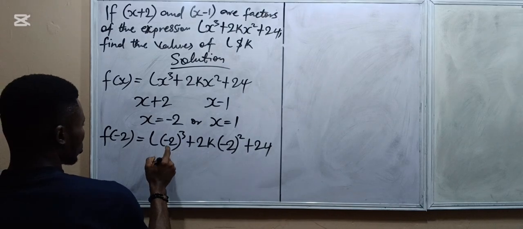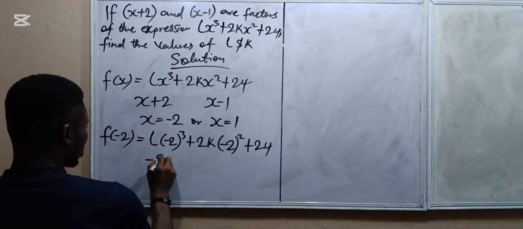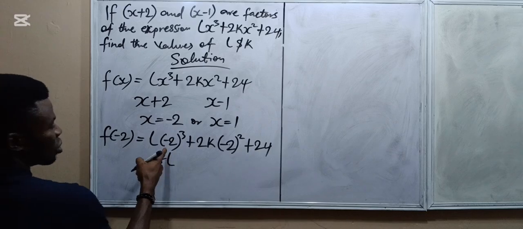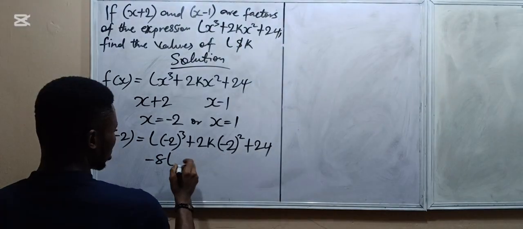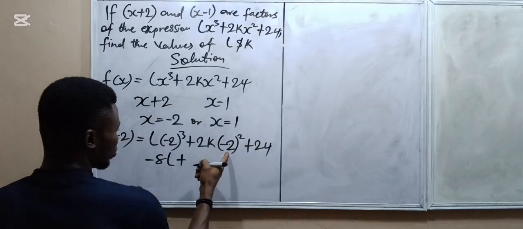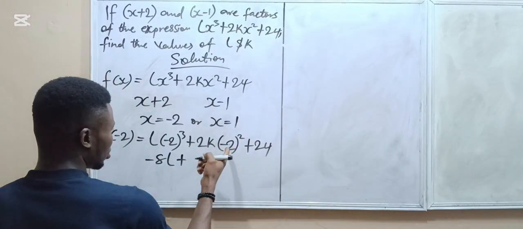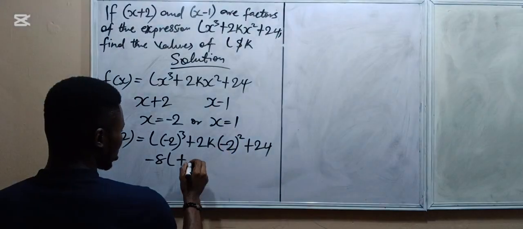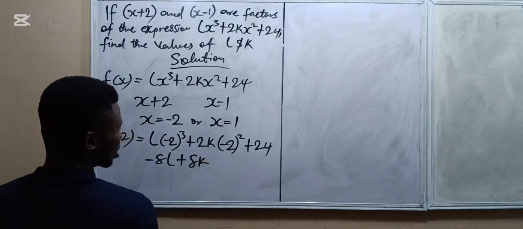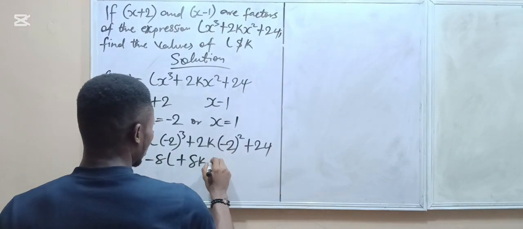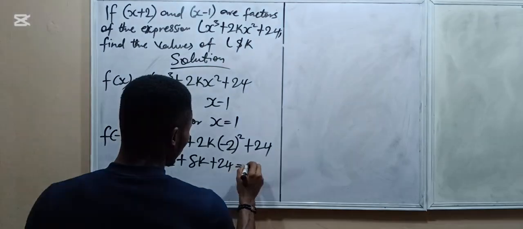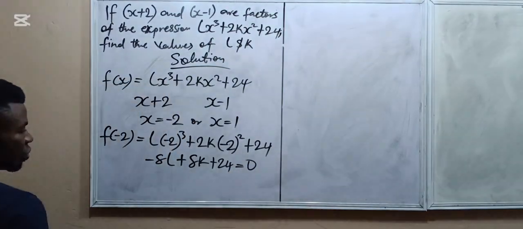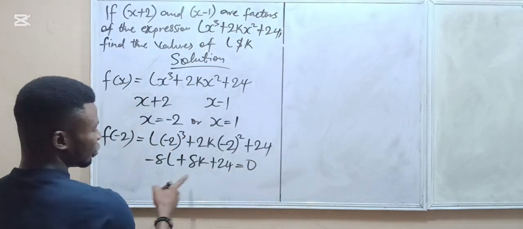And this is equal to minus 8L, because 2 cubed is 8, plus 2 squared is 4, then 4 times 2 is 8k, and then plus 24. And if it is a factor, that means it will be equal to 0. Right?